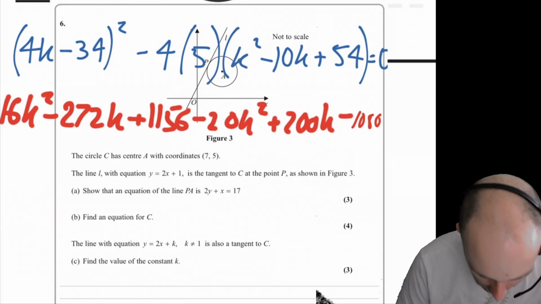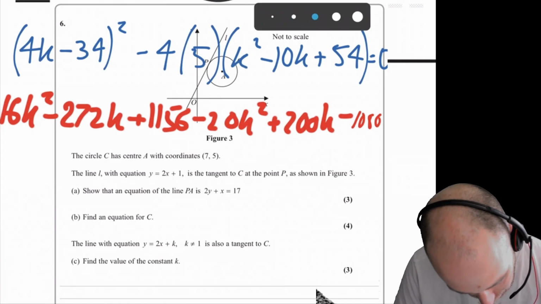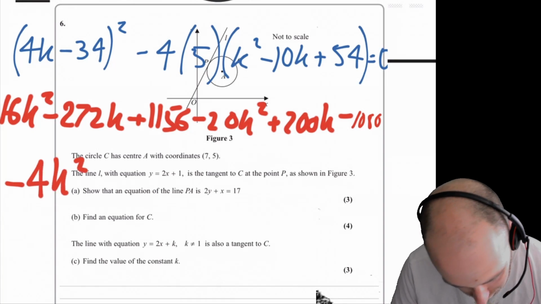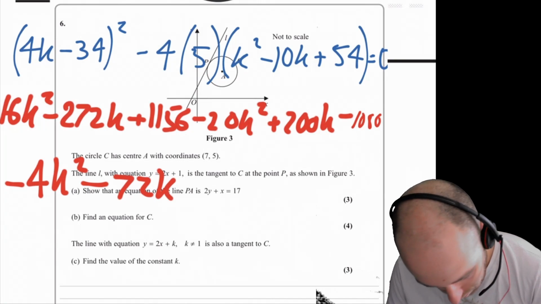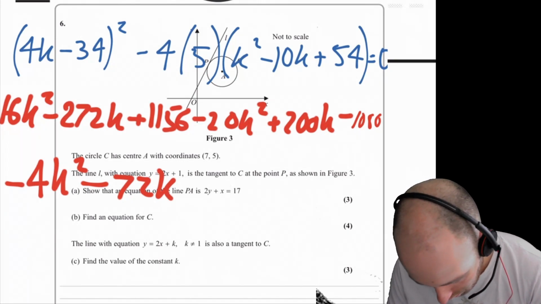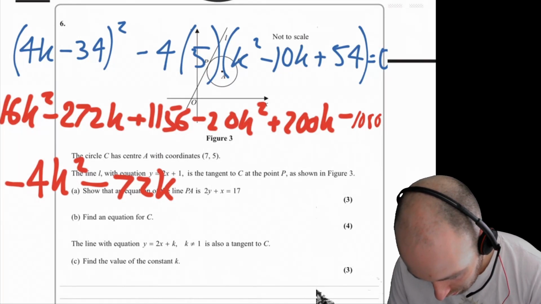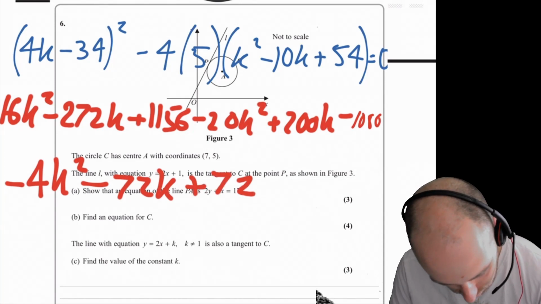So yeah. So we get minus 4k squared, minus 72k, and then what's that going to be, plus 76.